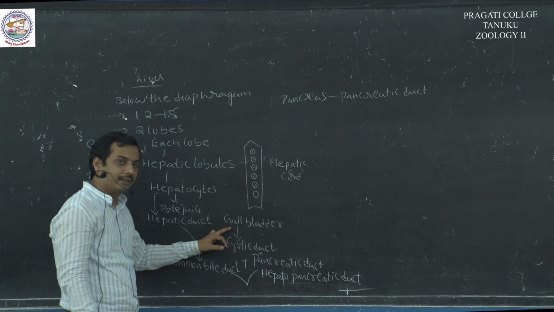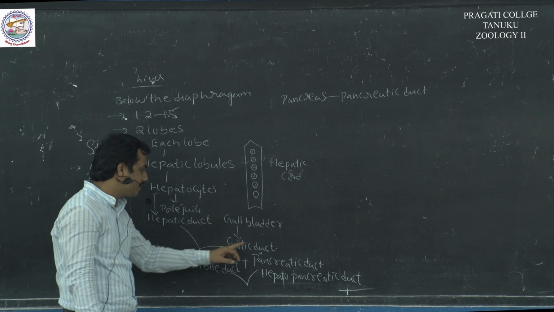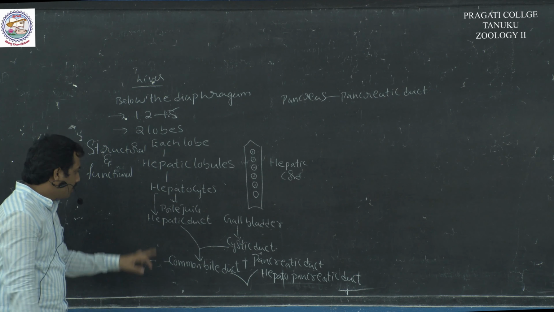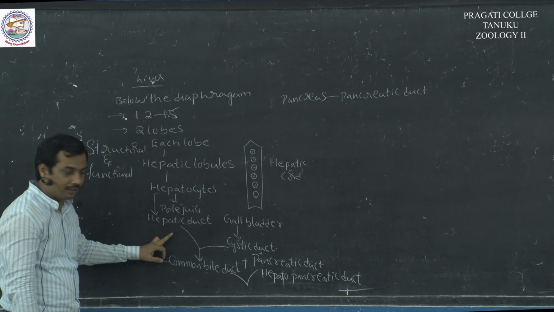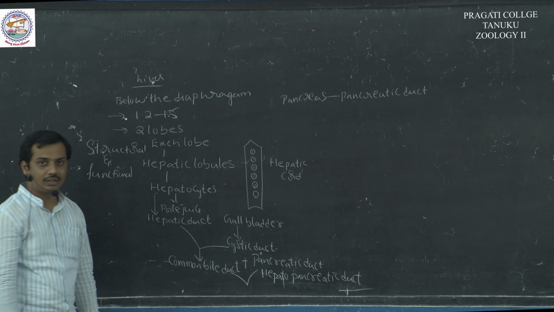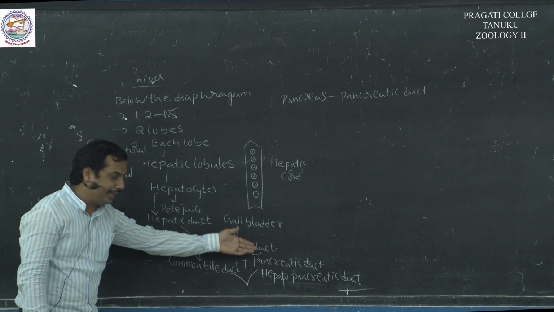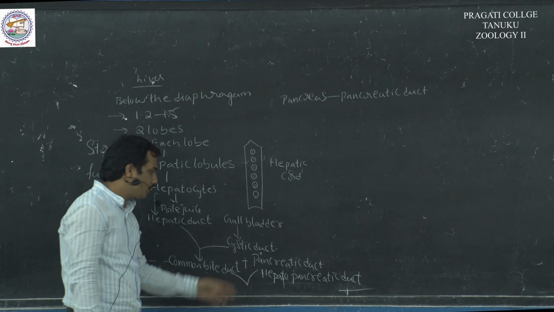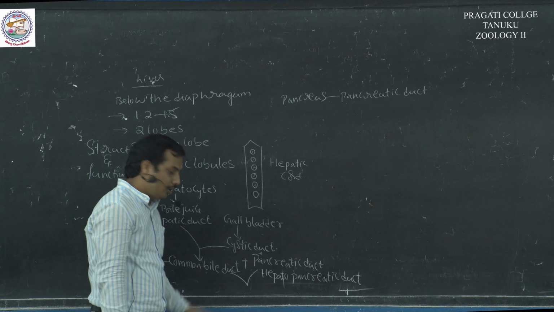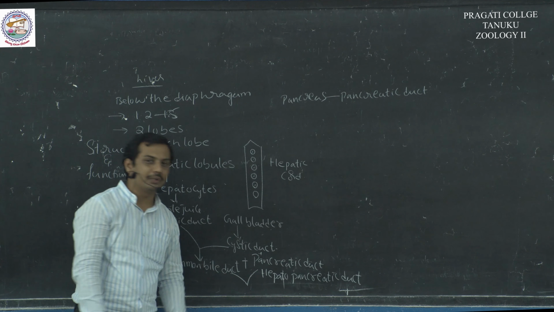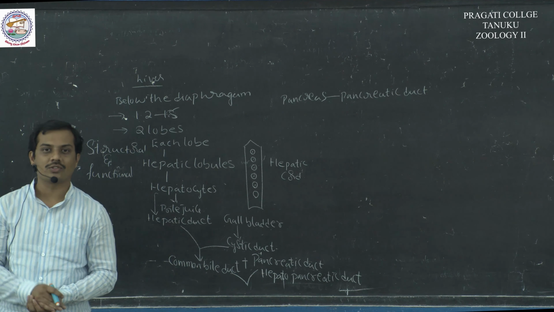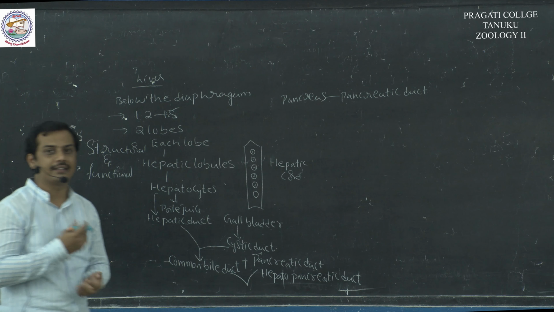From the gallbladder, a duct arises called the cystic duct. This hepatic duct together with the cystic duct forms the common bile duct. From the pancreas, a duct arises called the pancreatic duct. Both unite to form the hepatopancreatic duct, which is also called the ampulla of Vater.